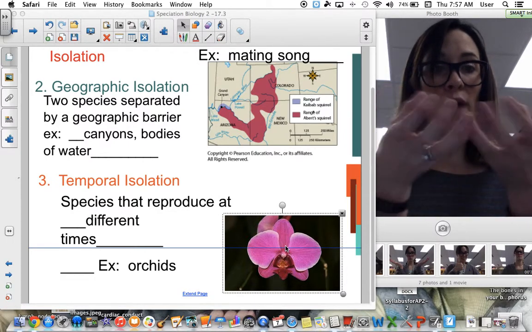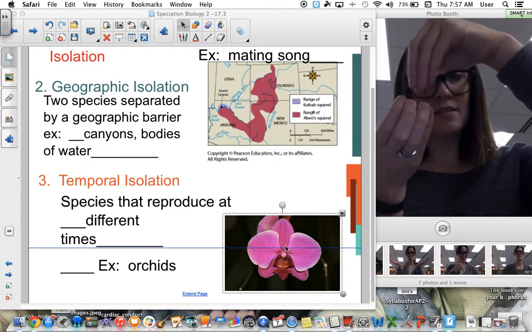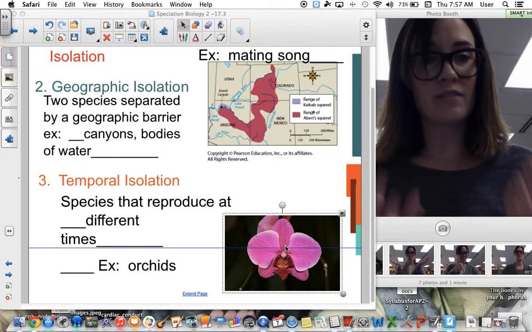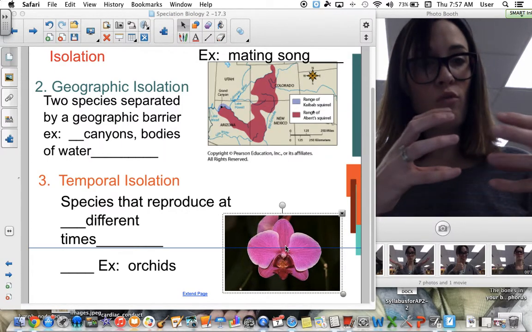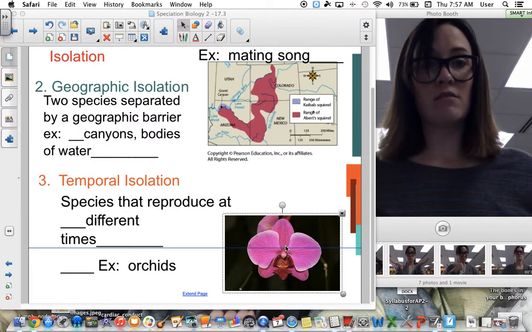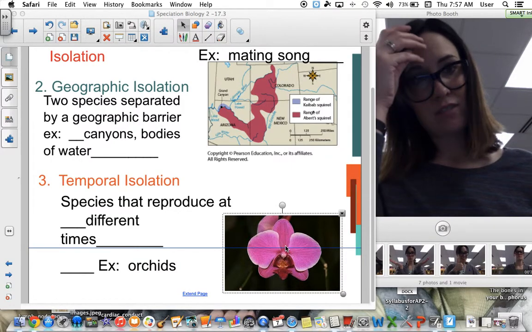There is no way that the sperm from this orchid can fertilize the ovule from this plant because they totally have different reproductive cycles. There's no way they could reproduce. They're isolated reproductively. It's called temporal isolation due to reproduction at different times.